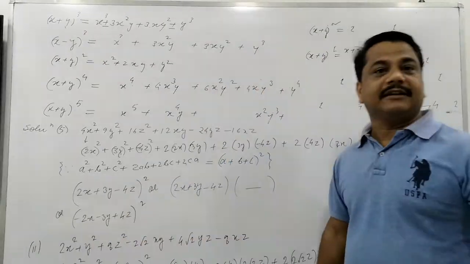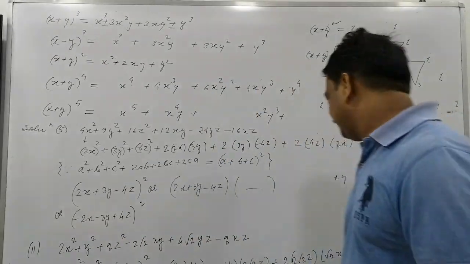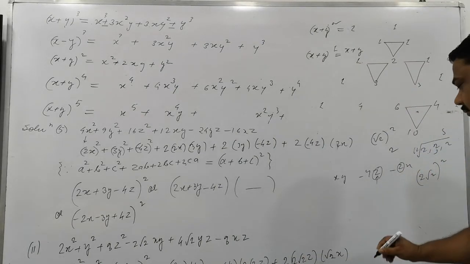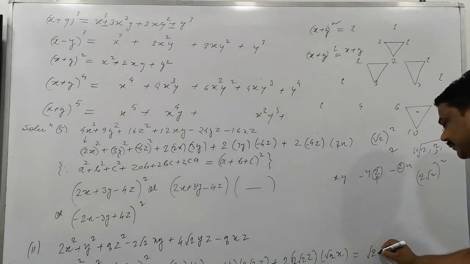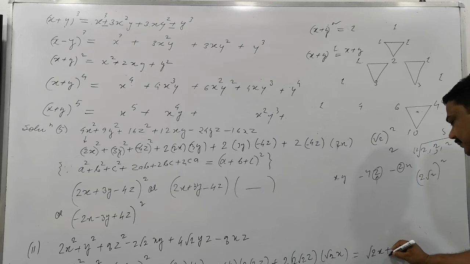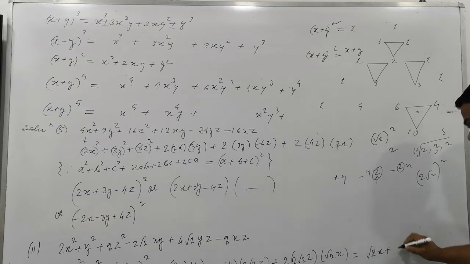So this can be written in condensed form. What will the condensed form be? Root 2 x plus y and 2 root 2 z. So what can be negative here? X can be negative.